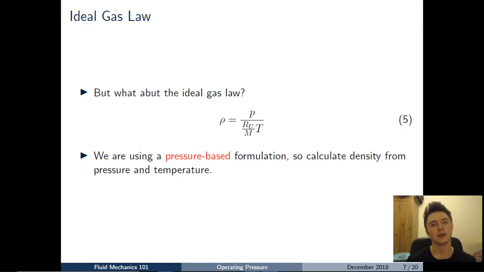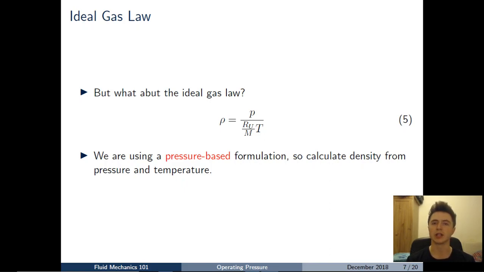So in the typical form you'll see for the ideal gas law, the density, rho, is given by the static pressure divided by R sub u, that's the universal gas constant, 8.314, divided by the molecular mass of the gas multiplied by the temperature.